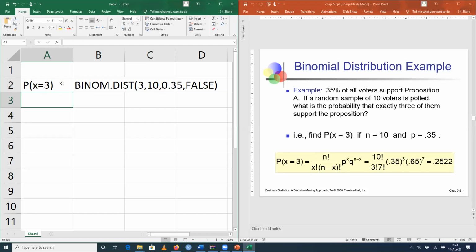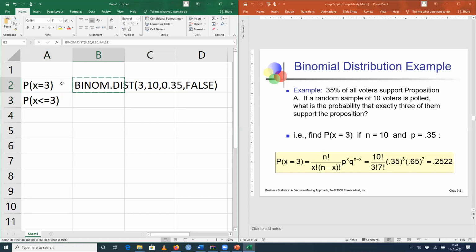If we want to find the probability of x less than or equal to 3, then how can we perform it? It means we want to find the probability of 3 or less, which means 3, 2, 1, 0. We want to find the probability from 0 to 3. Then how does binomial distribution help you?